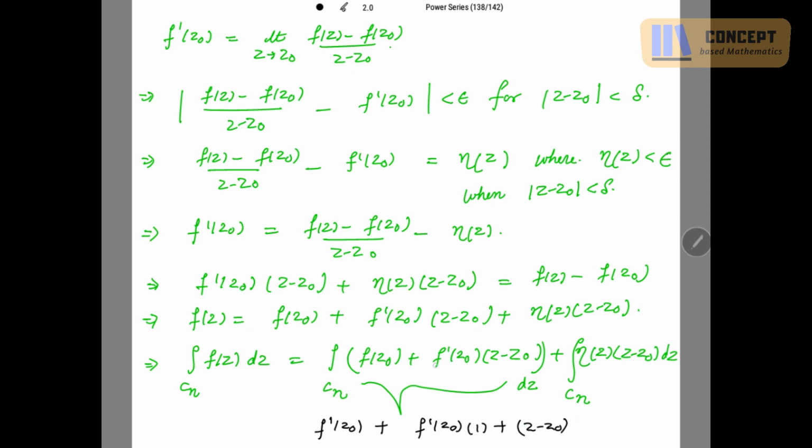Since f dash z naught is a constant, its derivative is 0, because z naught is a point. So this is constant, this is constant, and this is 0. So you are left with this only, which is a constant.